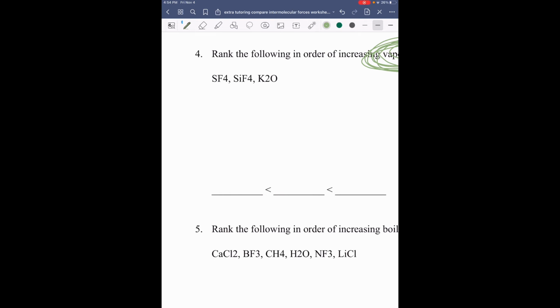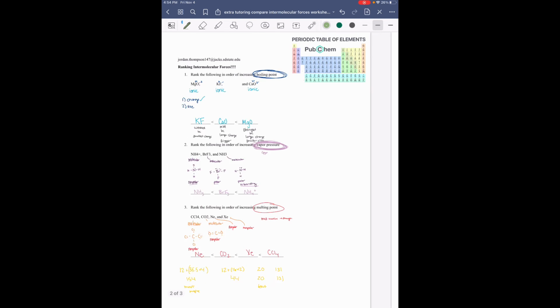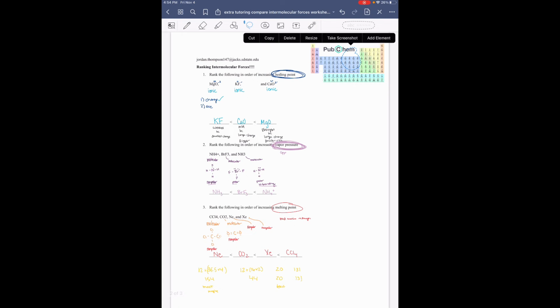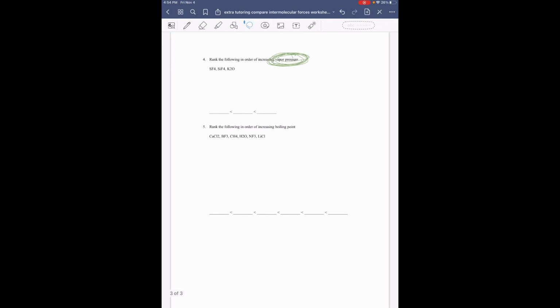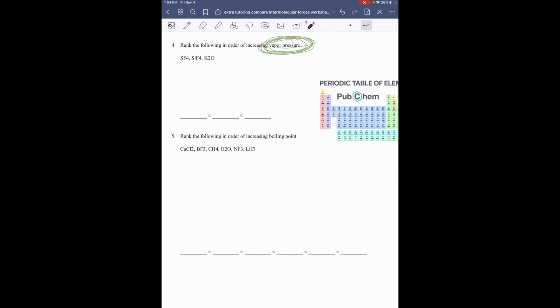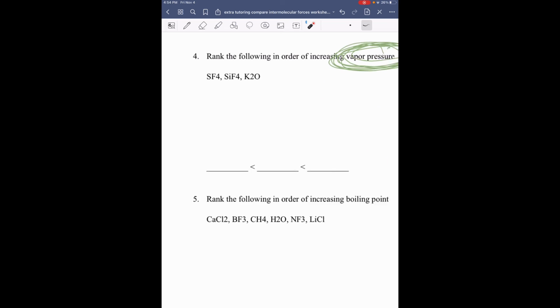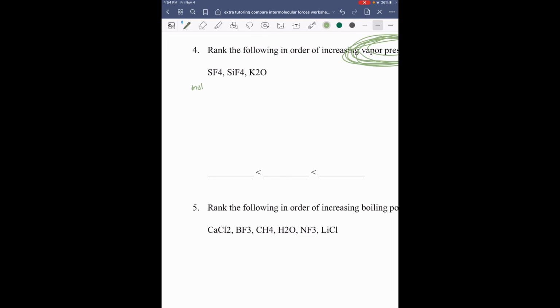Okay, so here we have SF4. And here I'll bring our periodic table back over here so that we can reference it. SF4 is a molecular species. And if it's molecular, what do I want you to do to figure out if it's polar or nonpolar?